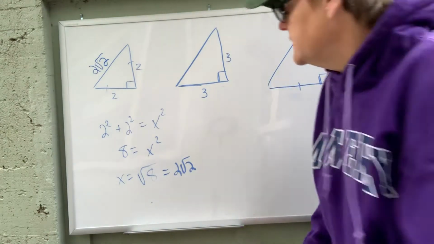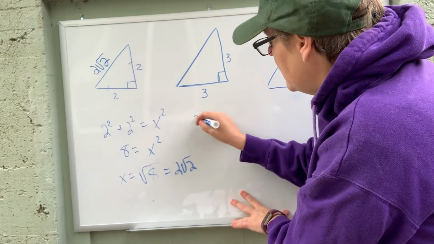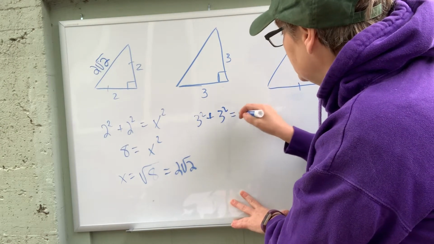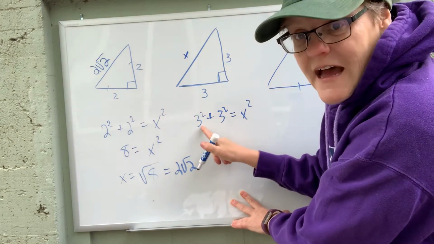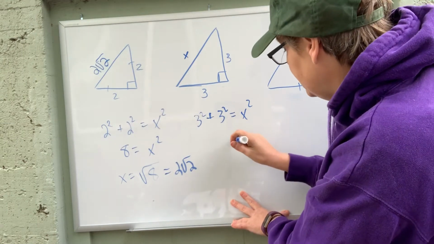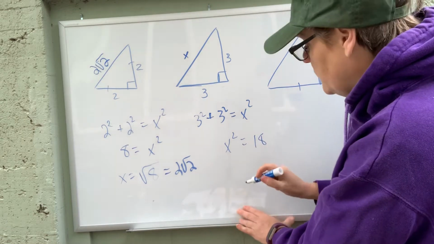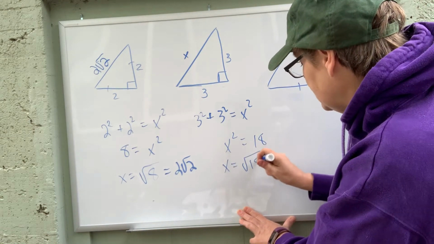Let's try another one. What if this is 3? So this would be 3 squared plus 3 squared is equal to my hypotenuse squared. That's 9. That's 9. So 9 plus 9 is 18. X squared is equal to 18. Take the square root of both sides. X is equal to square root of 18.